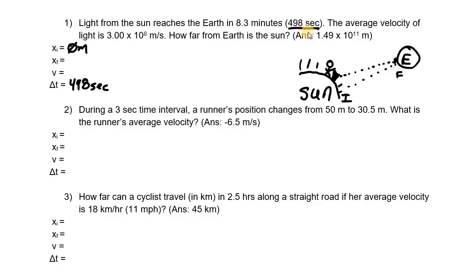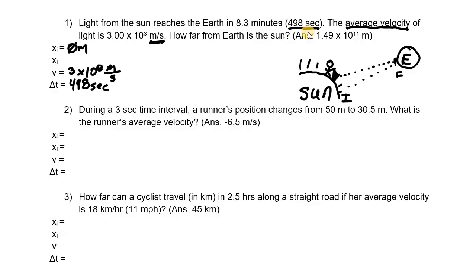The average velocity is 3.00 times 10 to the 8th meters per second. We know that's velocity, given the units, and we're told specifically that it's the average velocity, so our variable is v.